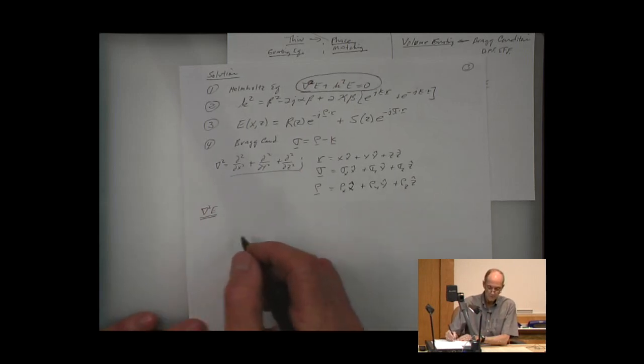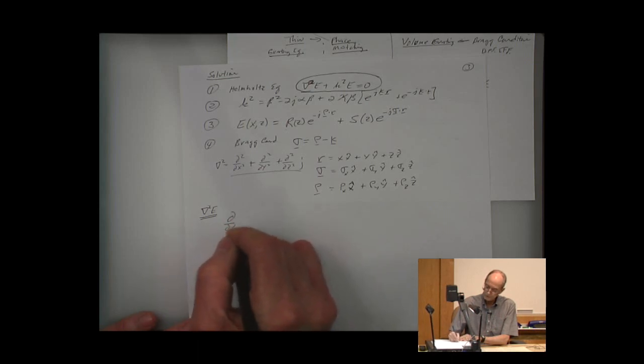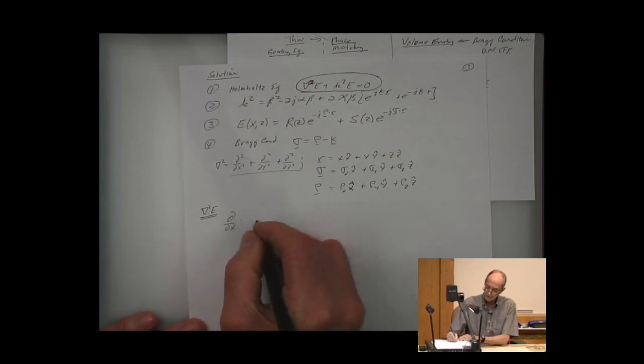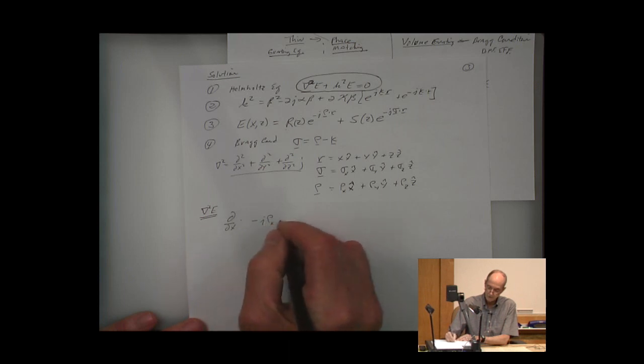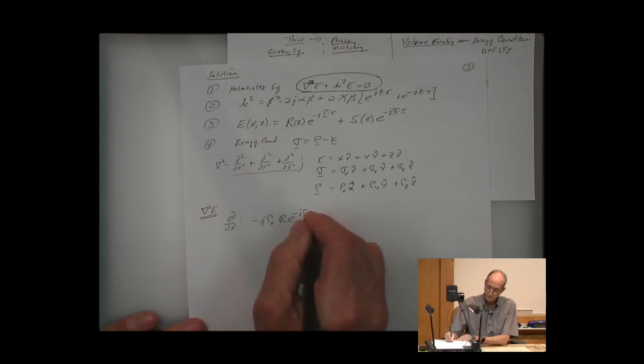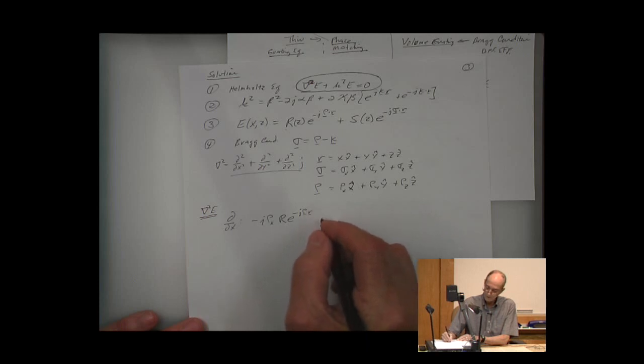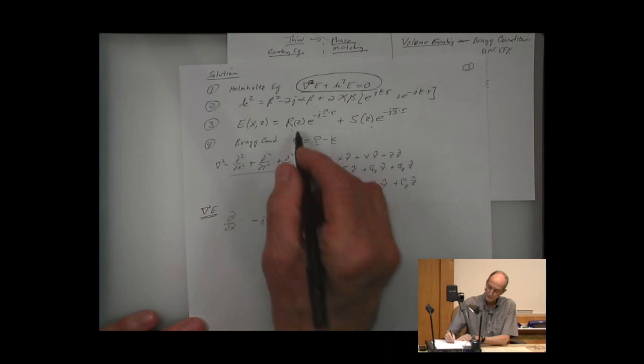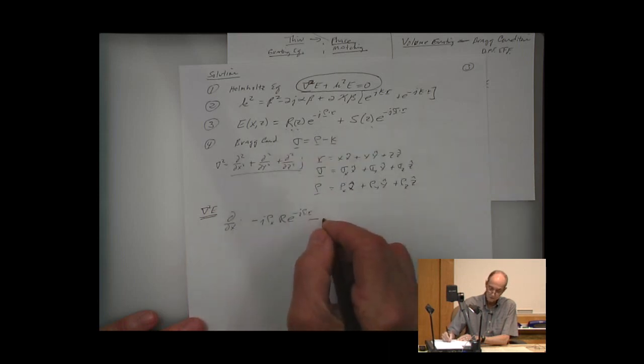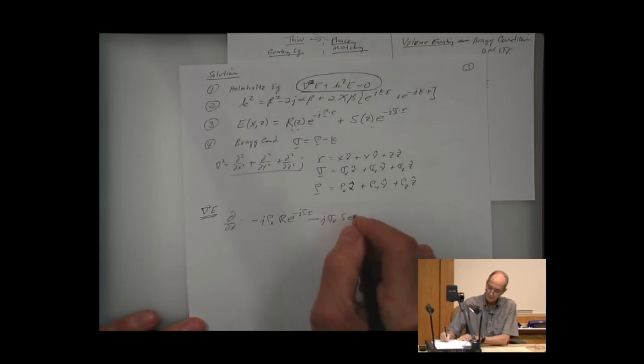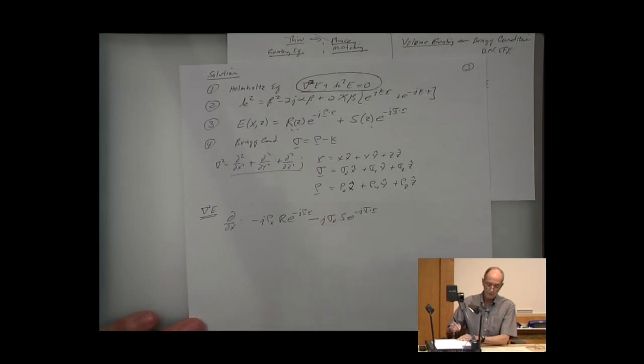So we have the derivative with respect to x, which is equal to minus j rho sub x R e to the minus j rho dot r. And we have the same for the S field, because that's our E. So we do that one, then that one: minus j sigma x S e to the minus j sigma dot r.